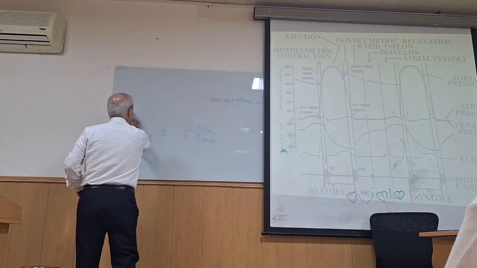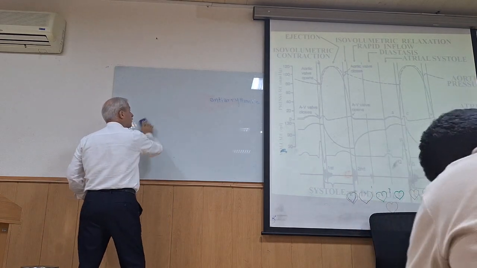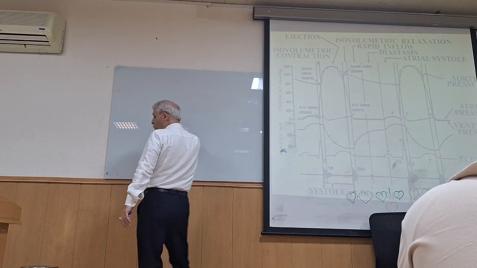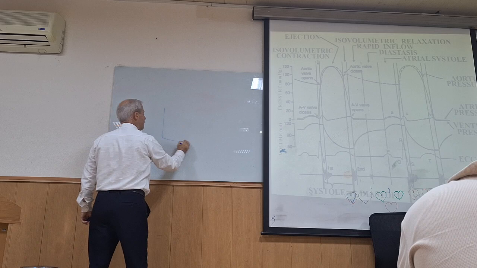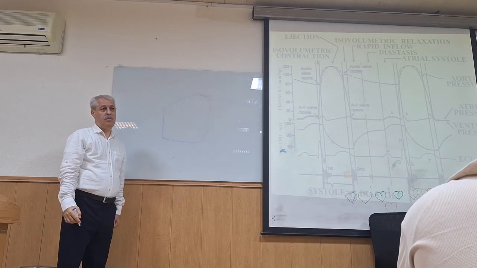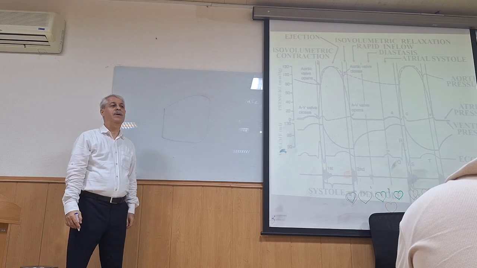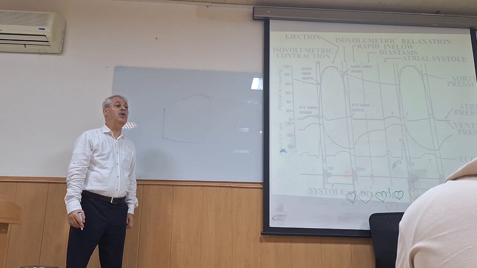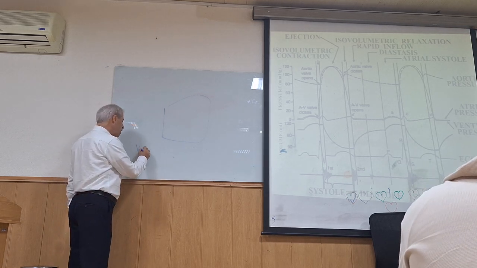Now let me explain the stroke work output. Up to here you have 4 phases. If you want to measure the external work output, this curve is called the volume pressure curve.